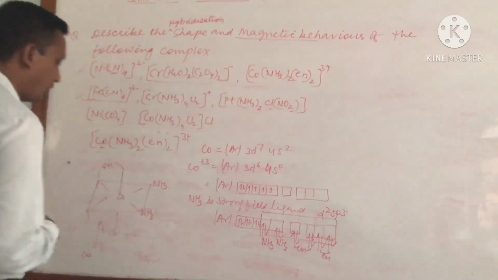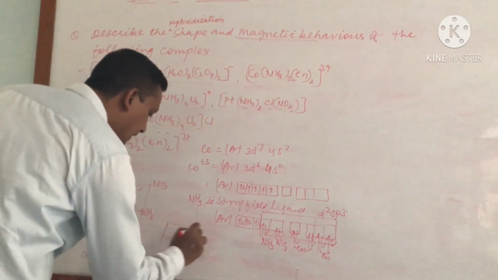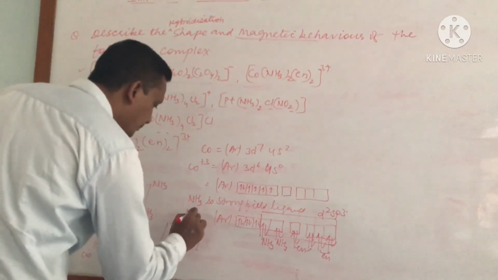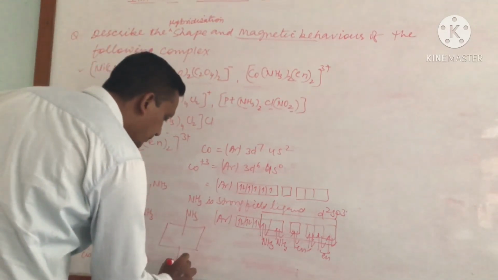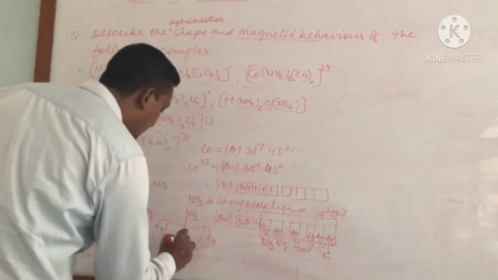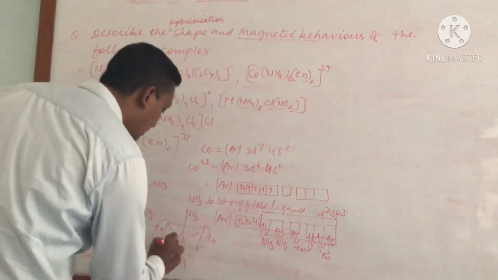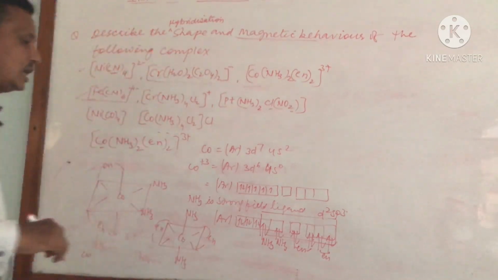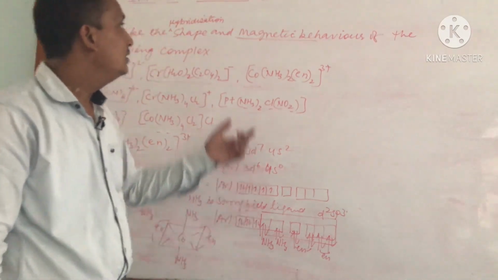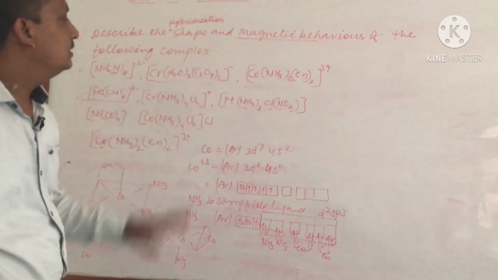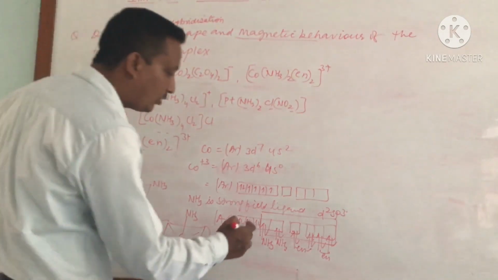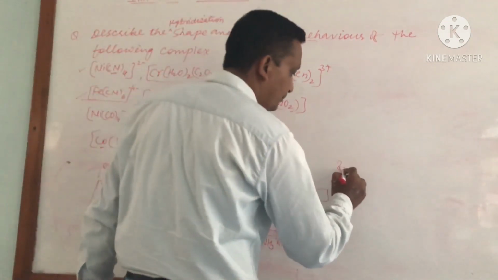This is the cis form of this complex, and the trans form can be drawn like this, with NH3, NH3, en, cobalt. We can see the electrons are paired up, therefore the magnetic behavior would be diamagnetic, and this complex is called an inner orbital complex.